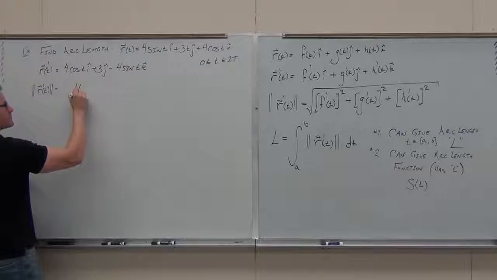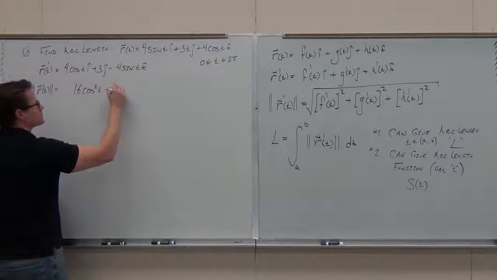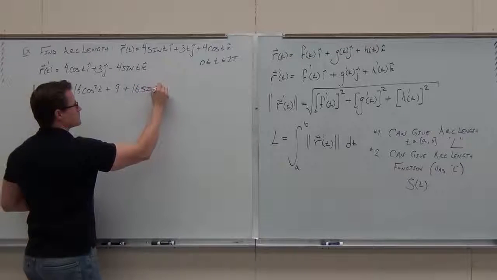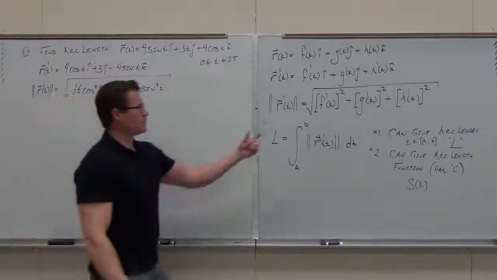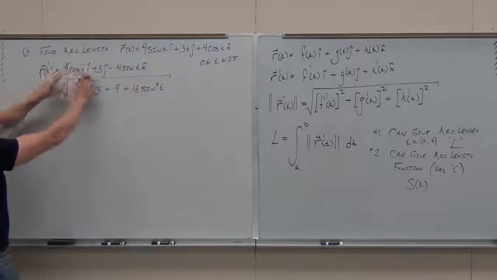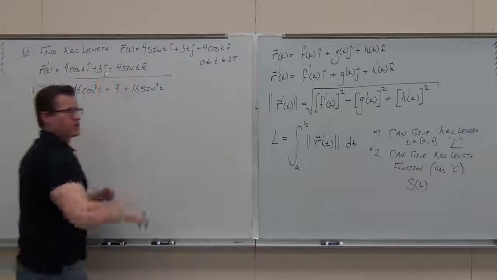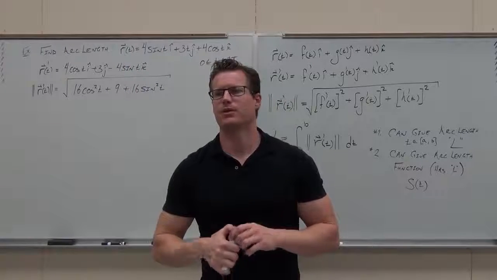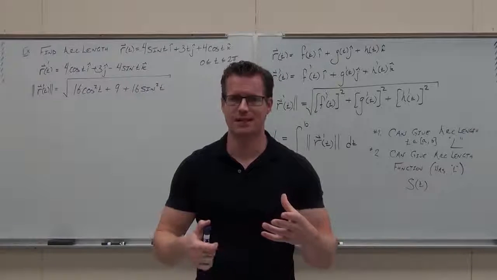We square them, we add them, we square root them. Derivative of component squared, derivative of component squared, derivative of component squared, square root of them. I want to know if you made it at least that far. Show hands if you did. You can see what's going to happen, right? With a lot of the sines and cosines, when you square sine and cosine, you're going to get a whole bunch of identities on a lot of the stuff.